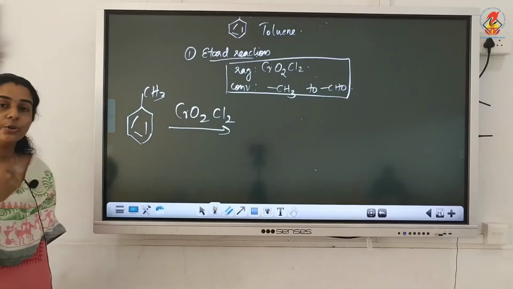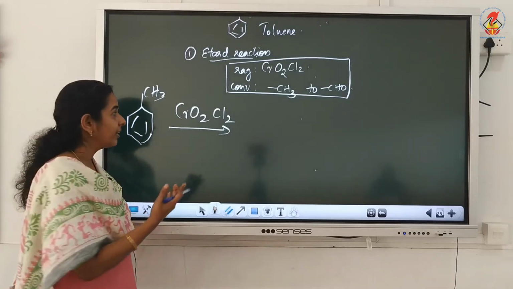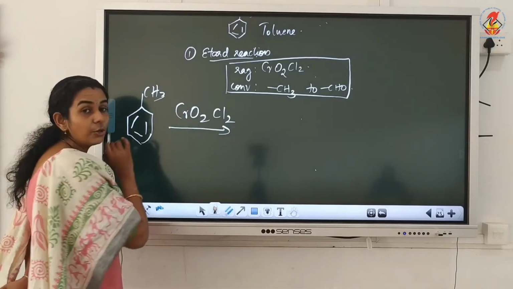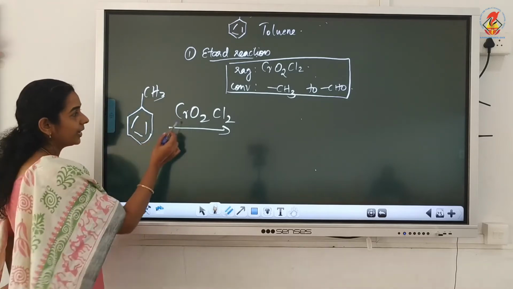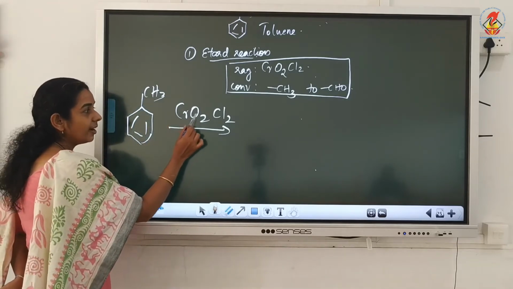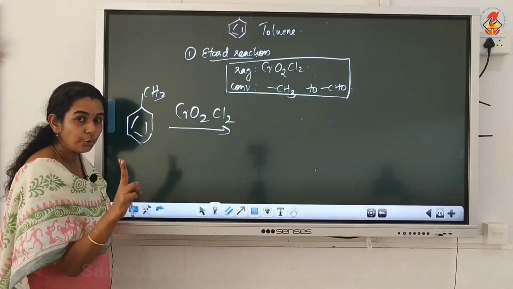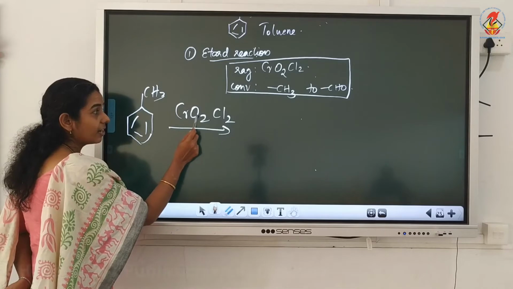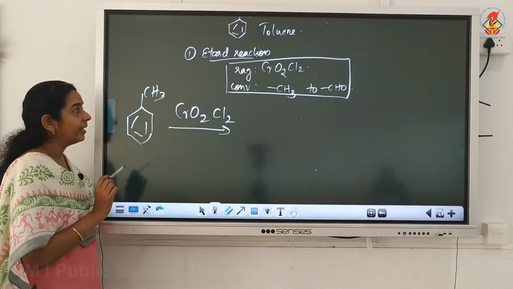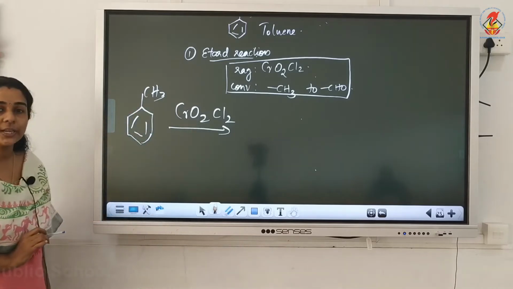When chromyl chloride reacts, not the chromium part, the oxygen will be attached to the reactant part. So we can write CrO2Cl2 as OCrOCl2.